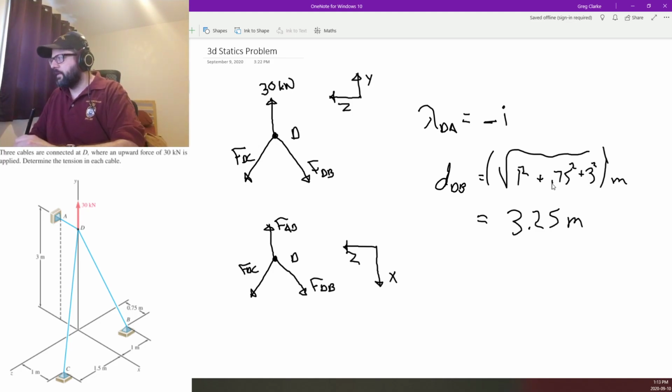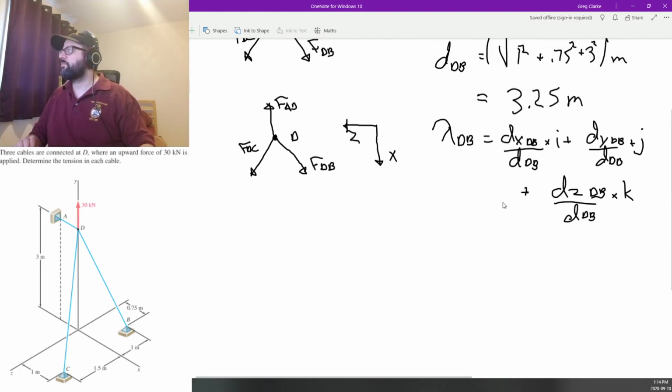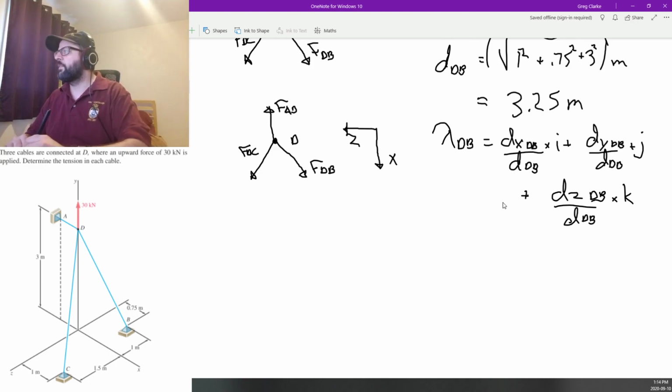So then we define our unit vector from D to B in terms of the displacement in x, dBx, divided by the total distance from D to B, times I, plus the displacement in y over the distance dB times J, and then also our displacement in z over the distance from D to B times K. That's simple enough to find out, right?